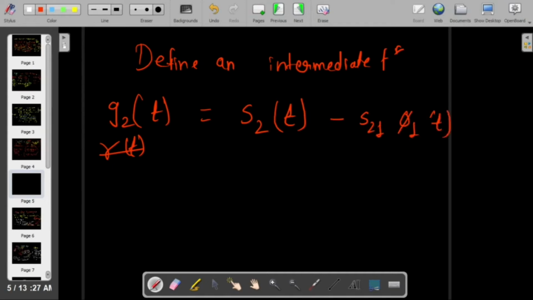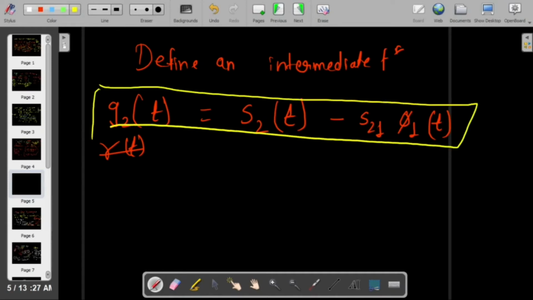If you observe carefully, what I did is I just subtracted the S2(t) component on phi 1(t), that's it. That is, whatever S2(t)'s projection is on phi 1(t), I just subtracted it. Let me not go deep into this.